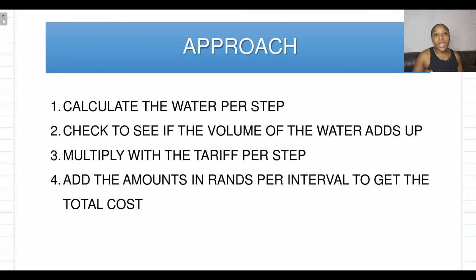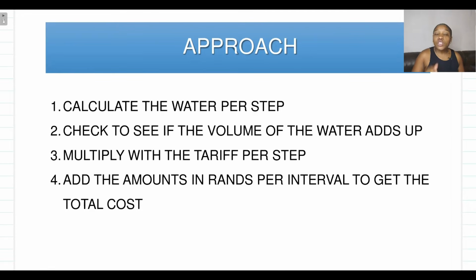And then from there, you multiply the water quantity in each step with the tariff that is charged in that step. Then you add up all those amounts together to get the total cost that the person you're being asked about needs to pay towards their water bill.